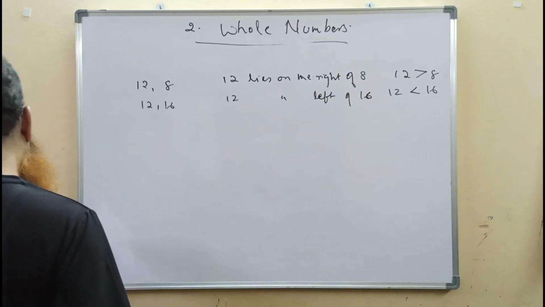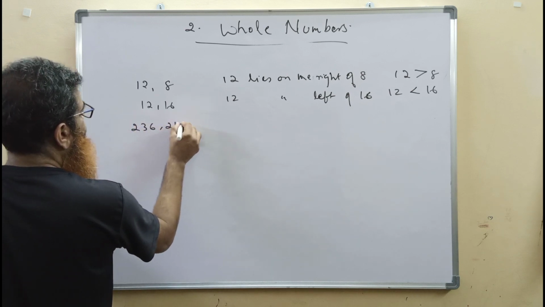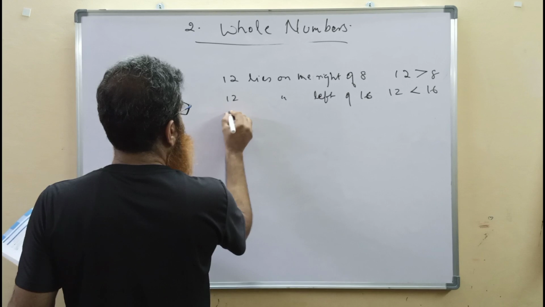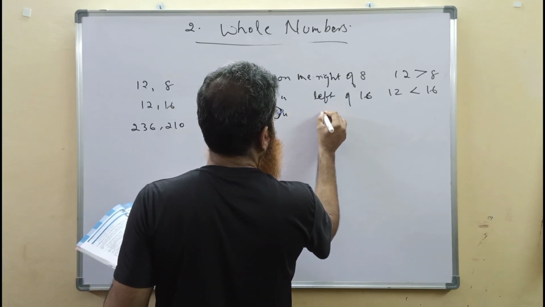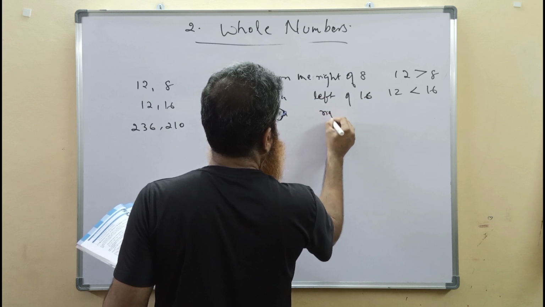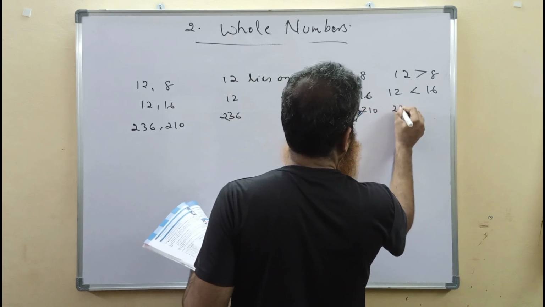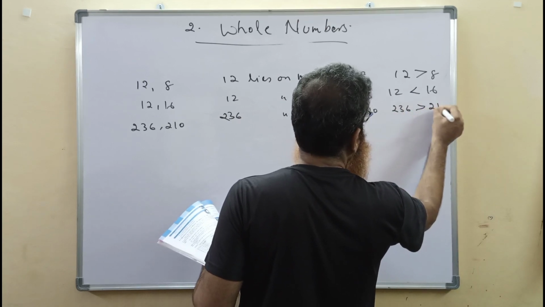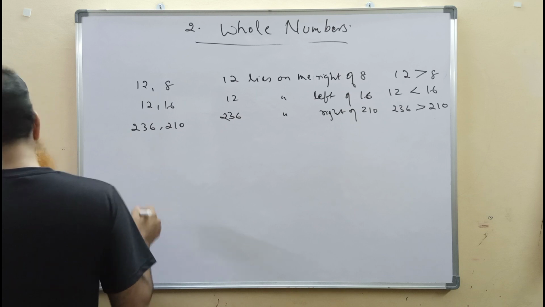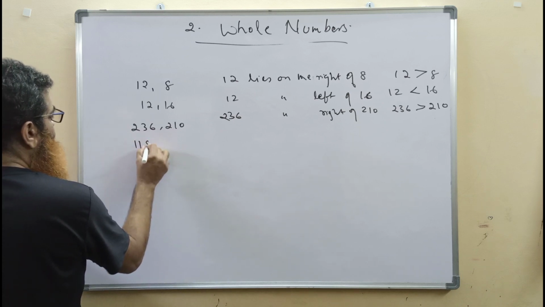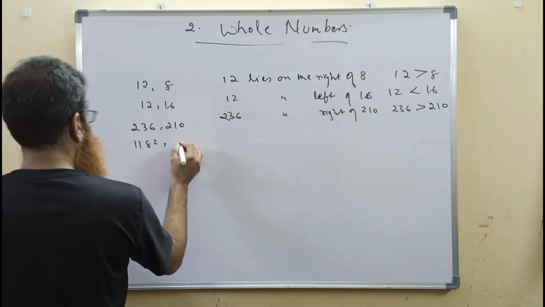Then we have 236 and 210. So 236 lies on the right of 210 and 236 is greater than 210. Then we have 1,182 and 9,521.